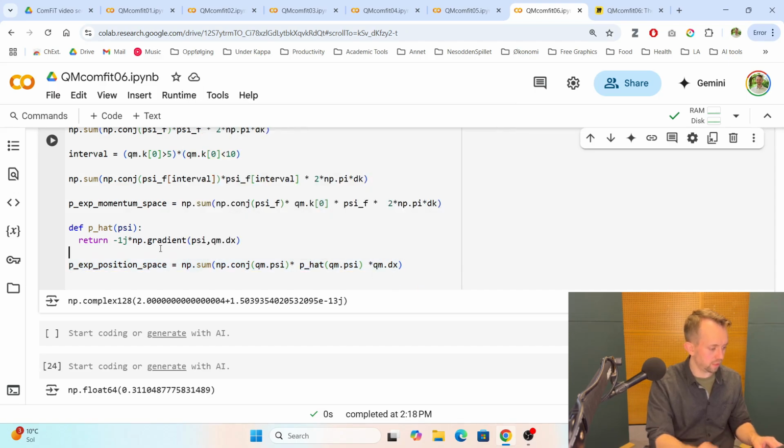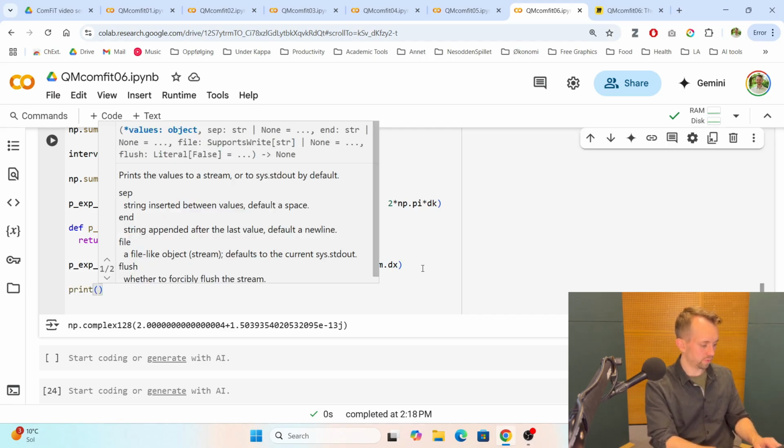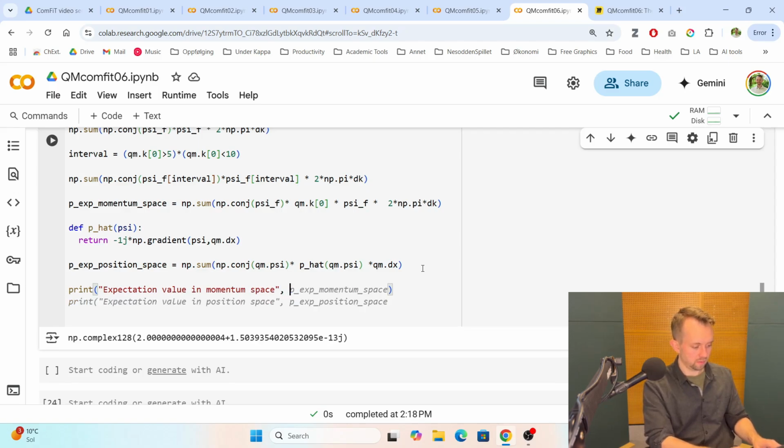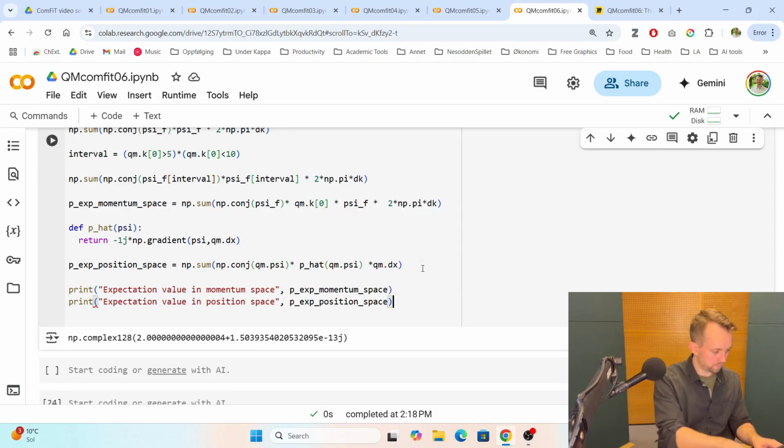So this is the expectation value in position space. And now let's just print the two statements. Expectation value in momentum space. Right, and now it has respected this.